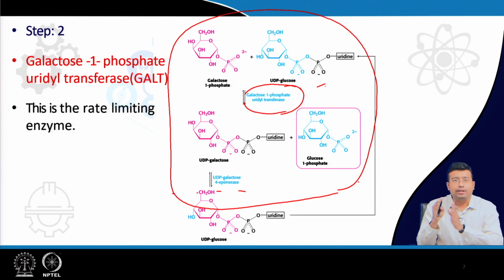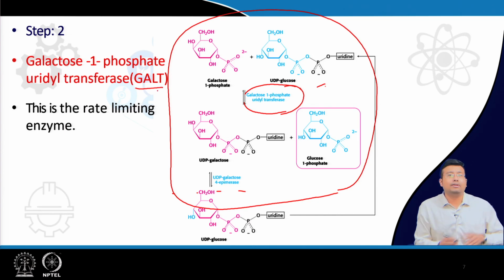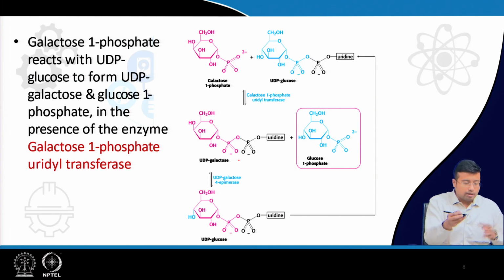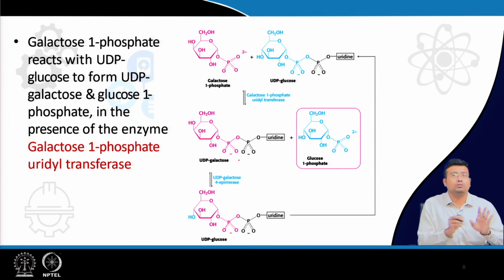Galactose 1 phosphate and UDP glucose, under the action of the enzyme galactose 1 phosphate uridyl transferase, often abbreviated as GALT, are getting converted to UDP galactose and glucose 1 phosphate, right.